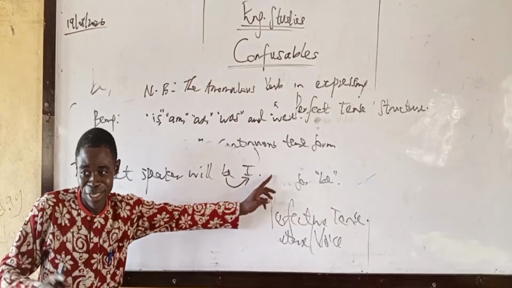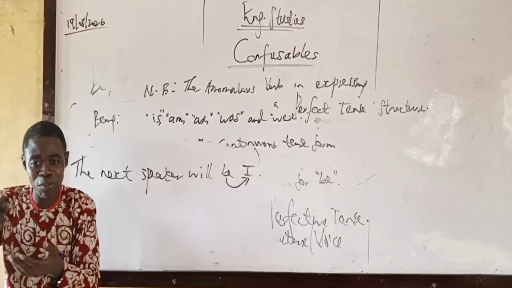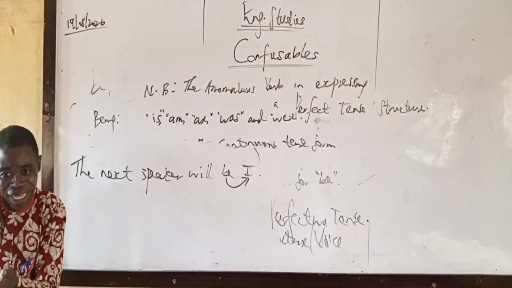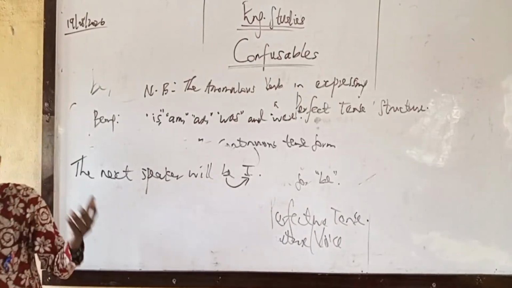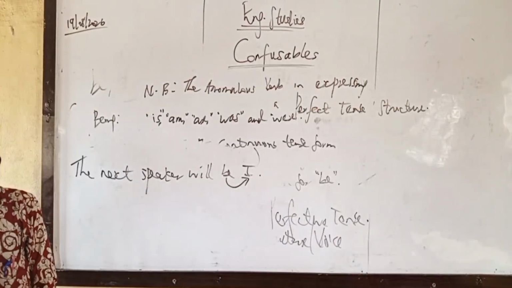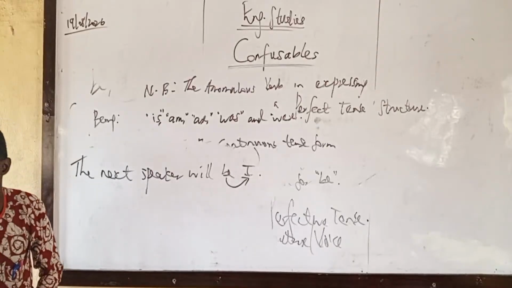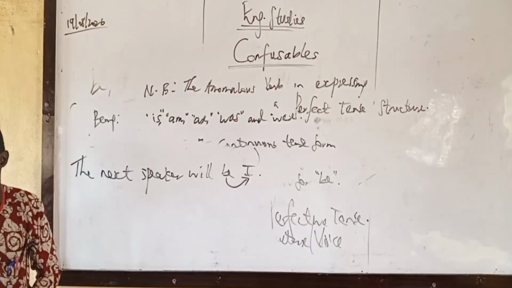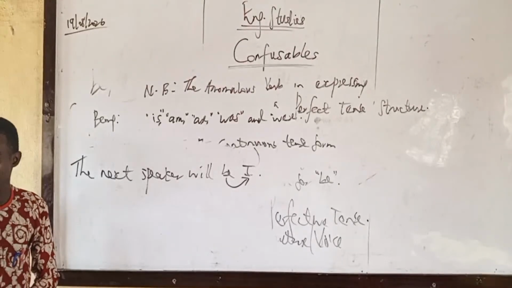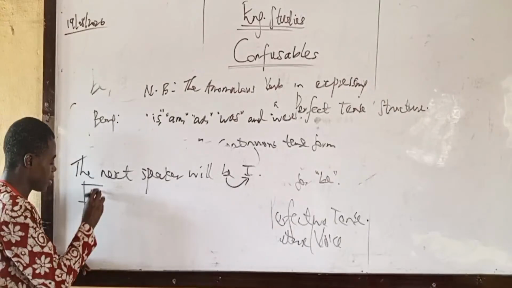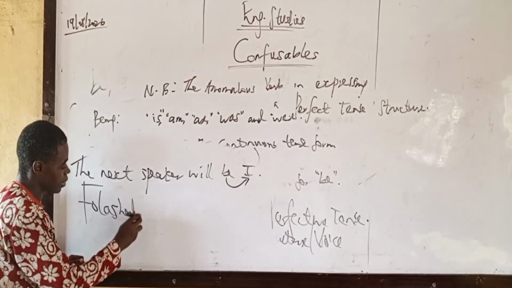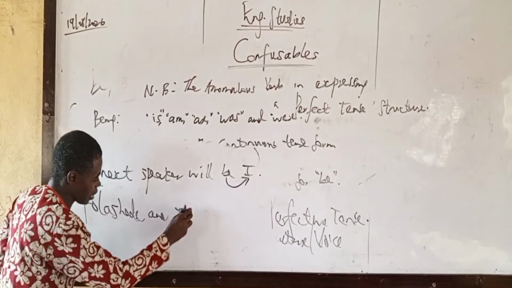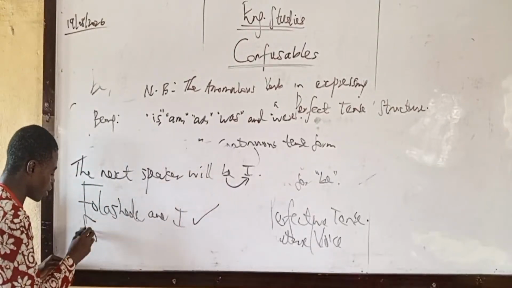A noun will not change whether it is a subject or an object. I have a question. Please, what about the statement, is it not Folashade and I, or is it not Folashade and me? Folashade and I, correct?